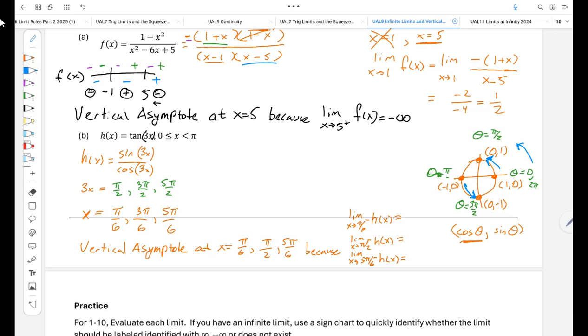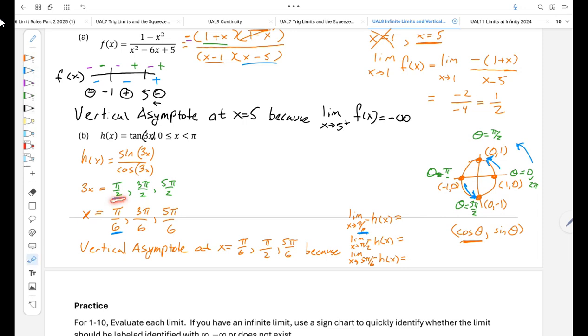Okay. So pi over 6 coming in from the left on the unit circle is, we're thinking about the pi over 2 value on the unit circle. So I'm doing the limit for x equals pi over 6, so I'm thinking about theta equals pi over 2.